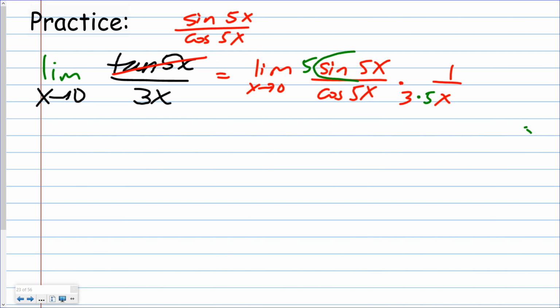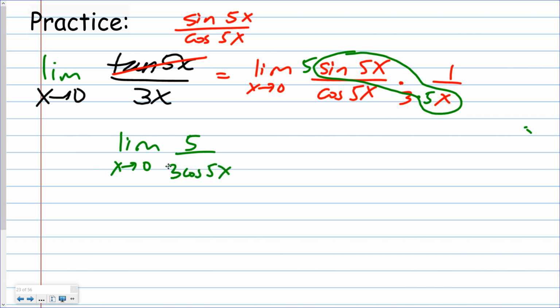Something happy happens right here. What is the limit of sine 5x over 5x? 1. So what I have here is the limit as x goes to 0 of 5 over 3 cosine 5x. I moved the 3 to the front just so that we don't accidentally multiply by the 5x.